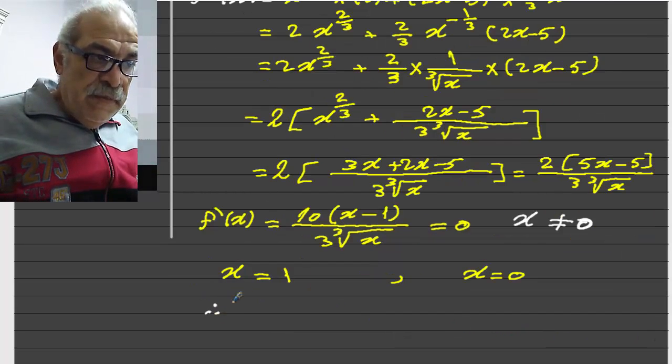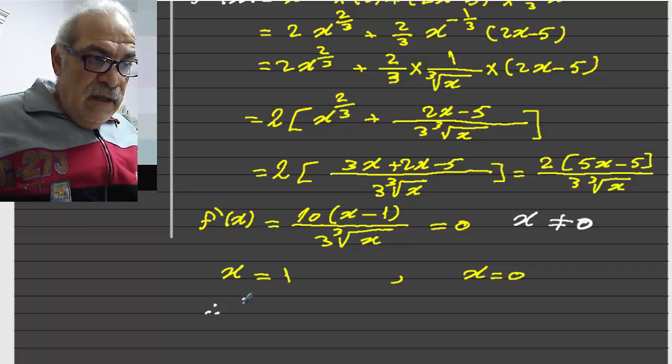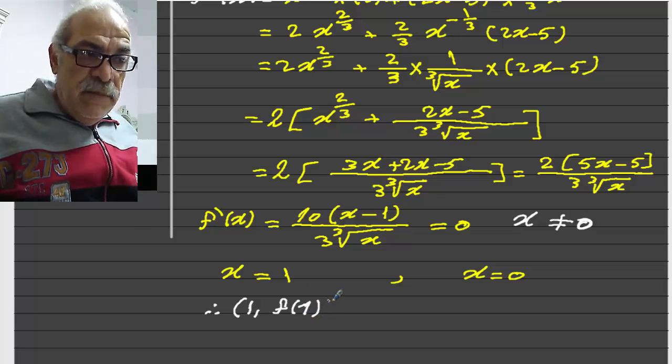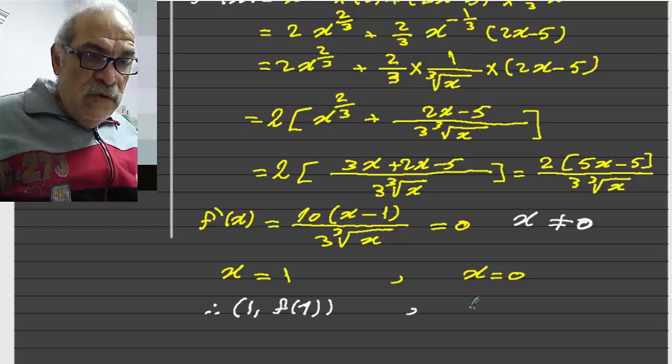So 1 and f of 1 is a critical point. Also 0 and f of 0 is another critical point.